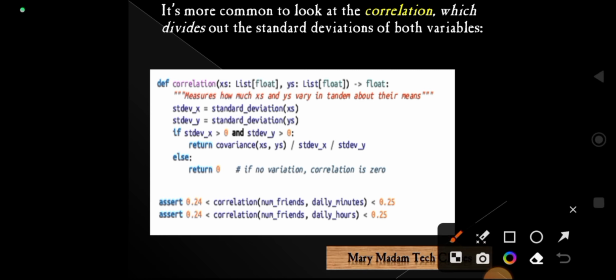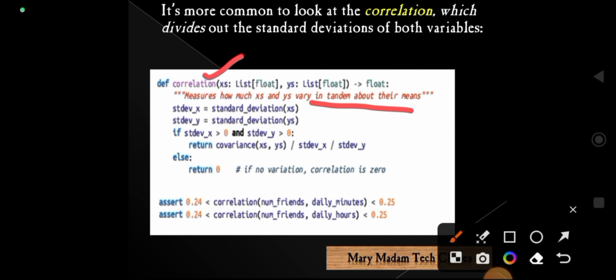We are going to define the correlation with xs and ys lists. We calculate the standard deviation of x using the built-in function, and the standard deviation of y likewise.